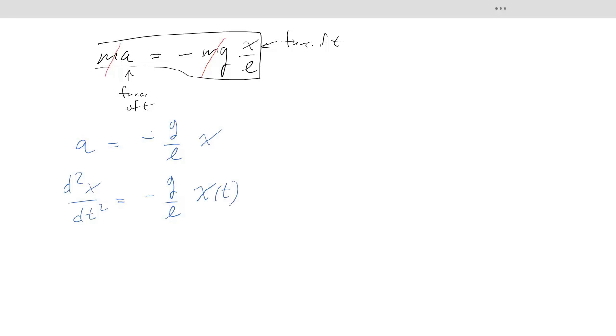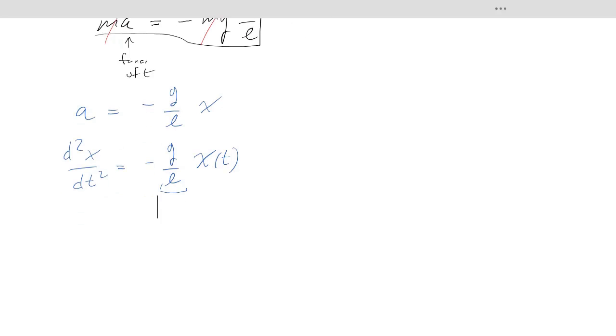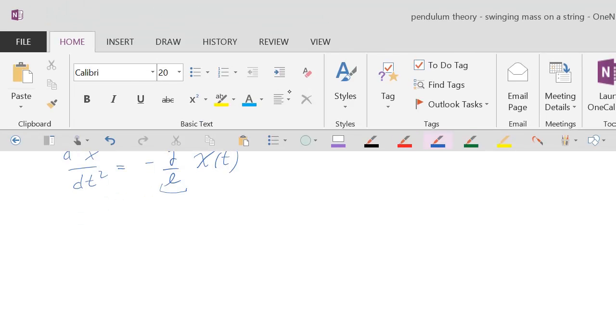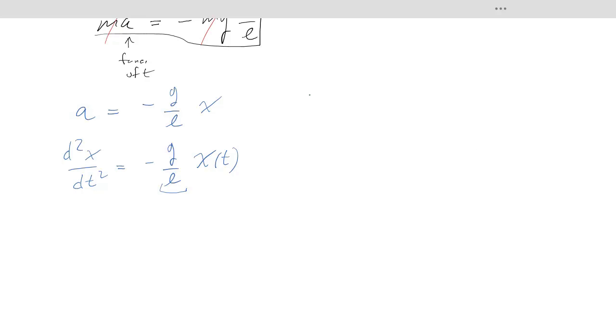So now I have a function such that when I take its second derivative, I get a minus sign times some constant. Well, we saw in the previous video that the solution for this is something like a sine function. So I can say that this is the same as setting up d squared x over dt squared is minus omega squared times x of t.